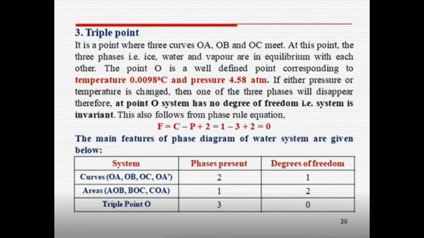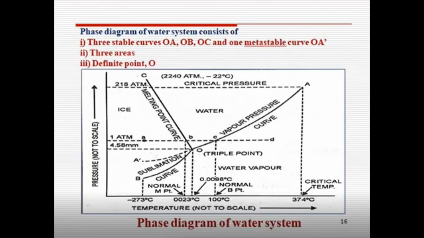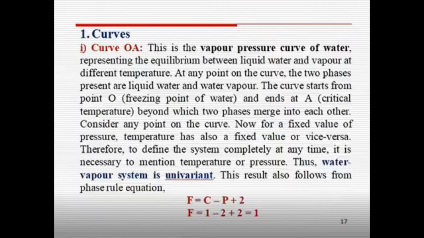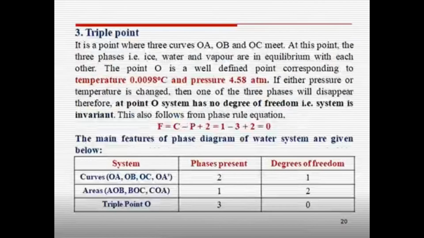Next we will discuss the triple point. Look in the diagram. At the point O, all the curves meet each other and there are three phases, that is ice, water and vapor. They are in equilibrium with each other. And from the phase rule equation, we get F is equal to 0. That is, the system has 0 degrees of freedom.